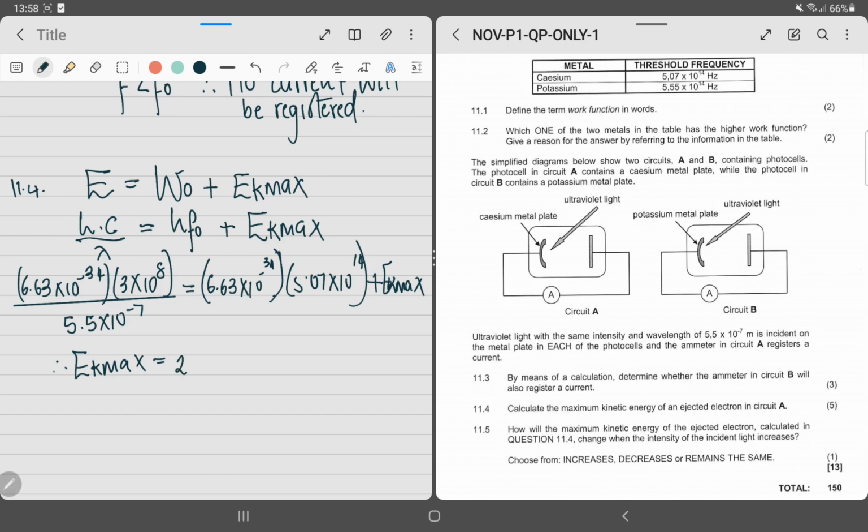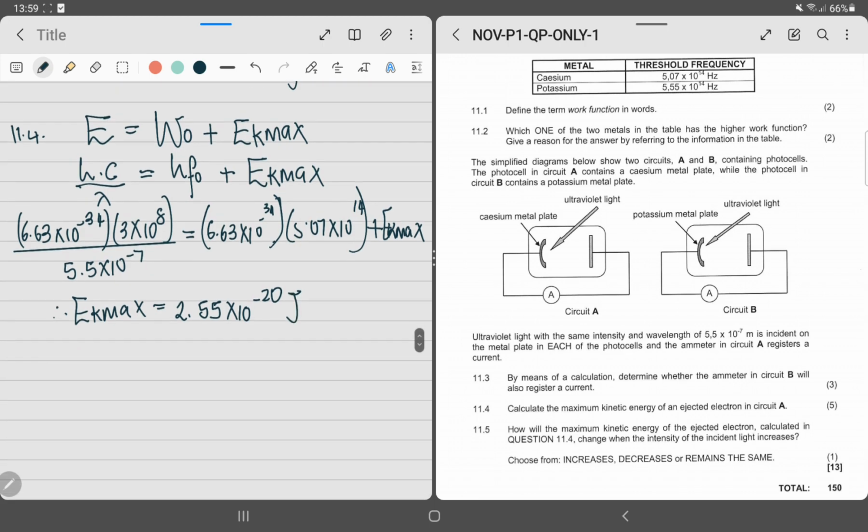So I am getting 2.55 times 10 to the negative 20 joules.